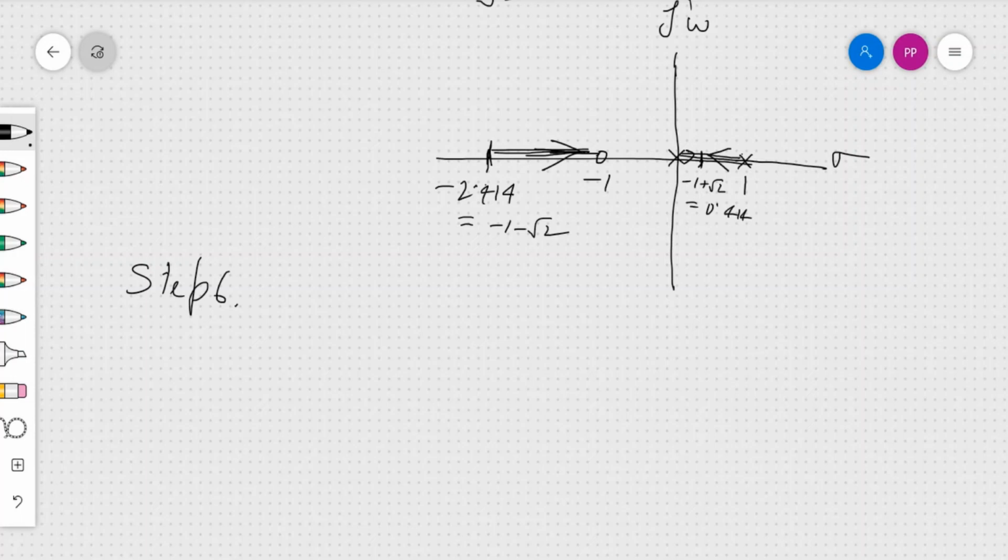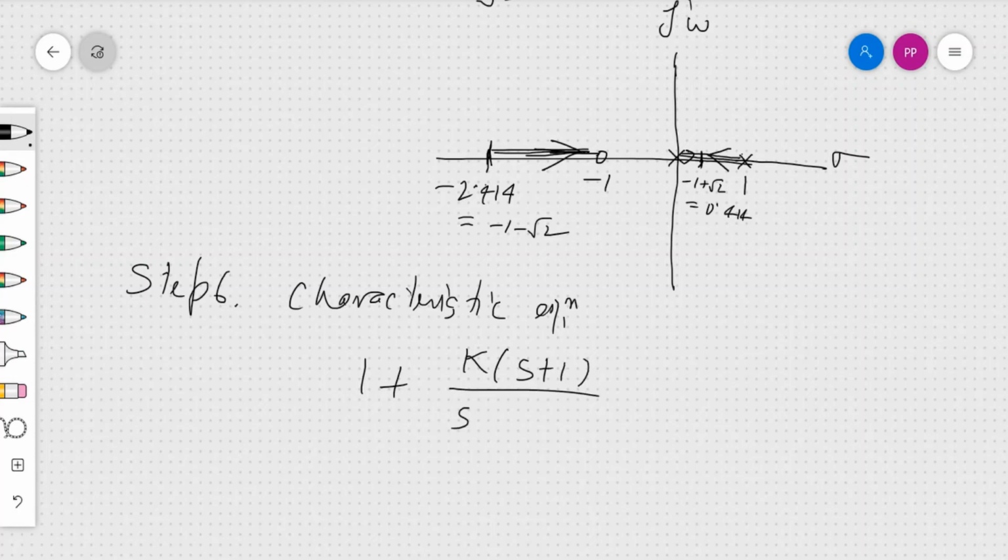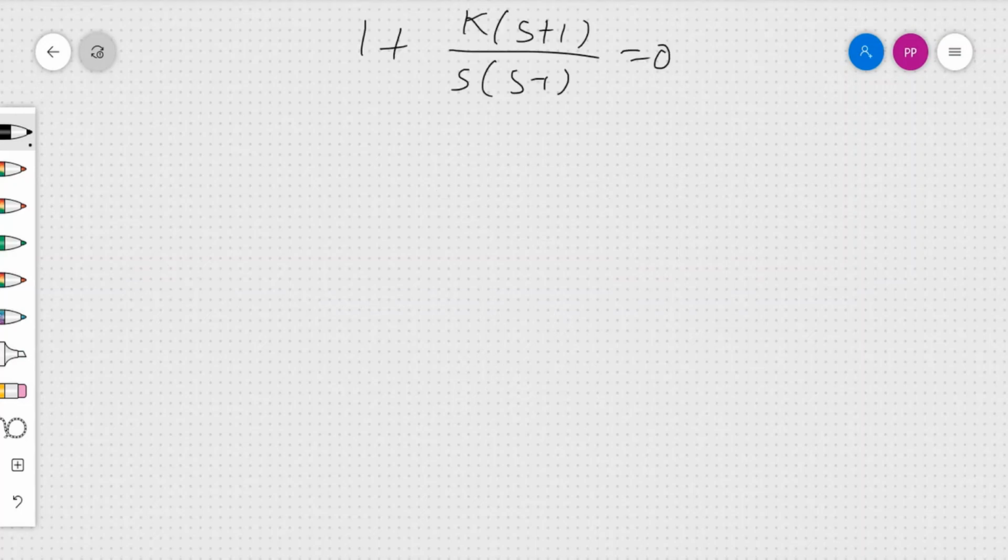So we have to see the characteristic equation where we got 1 plus k into s plus 1 divided by s into s minus 1 equal to 0.